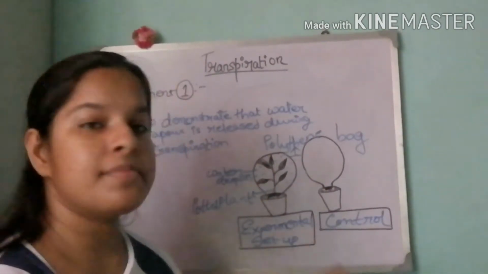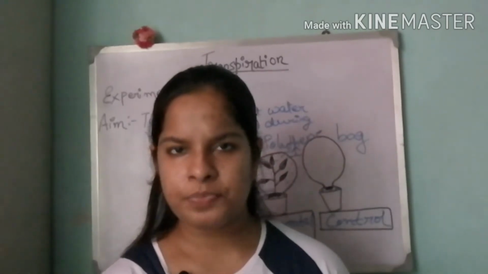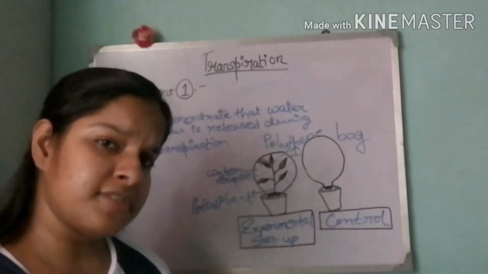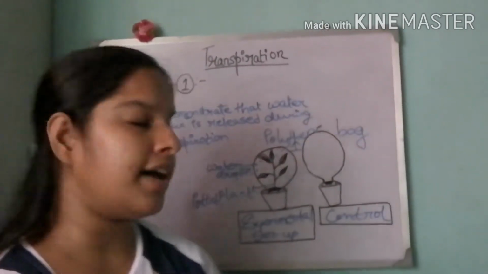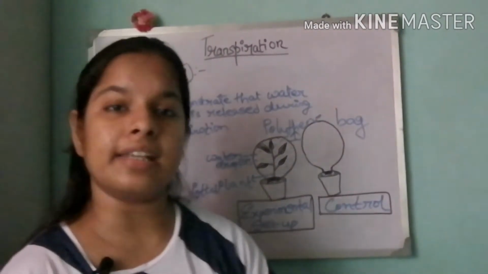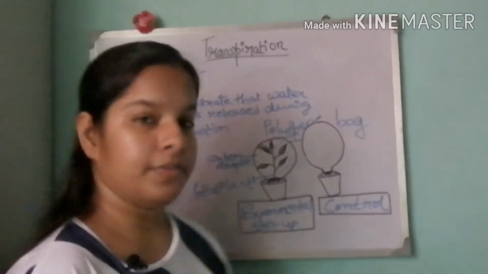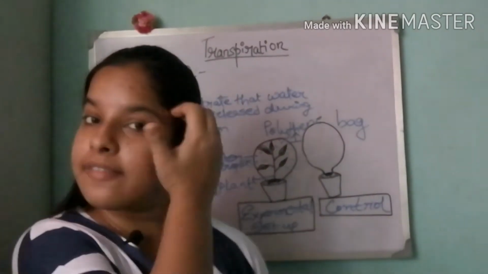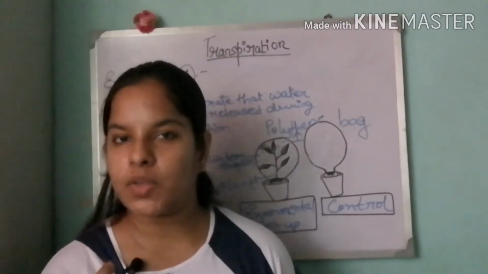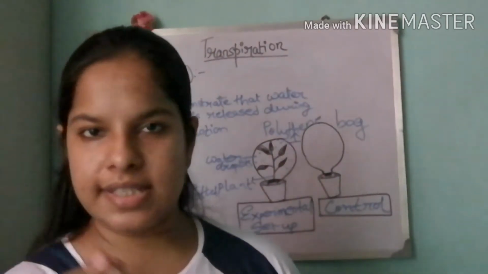Both setups will be kept in sunlight for 1-2 hours. After they are kept under the sunlight for 1-2 hours, what will we observe? We will observe that in the experimental setup some water droplets appear. How can we see the water droplets? When a plastic bag gets wet with water, transparency can be seen.